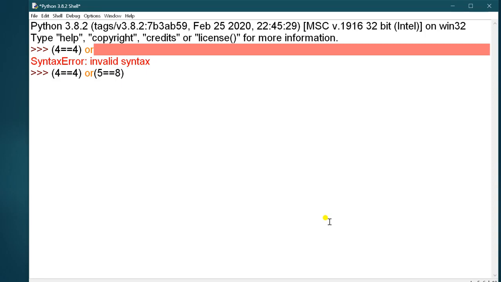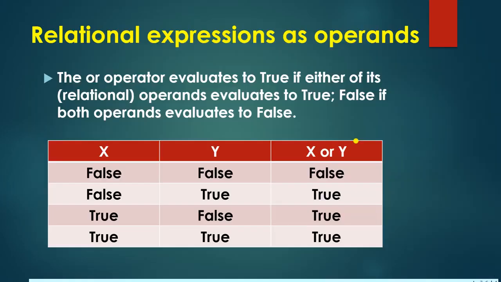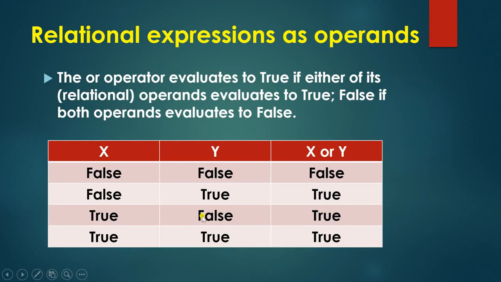First it will calculate the value of 4 is equal to 4, that is true, or 5 is equal to 8, that is false. So true or false returns true, as you can see.